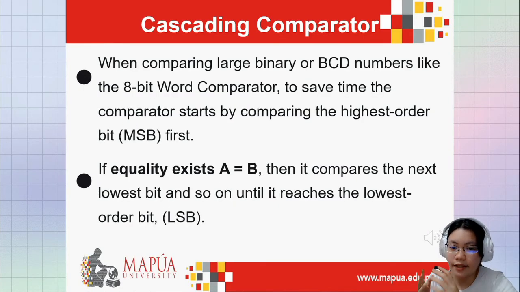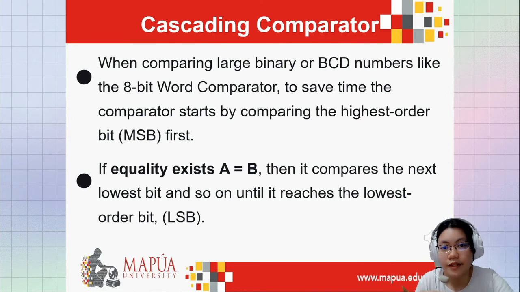So this is the idea, to save time. We are saving time because we are always dependent on the input of the most significant comparator. So it doesn't compare each comparator that is cascaded. It is only dependent on the highest order bit first.